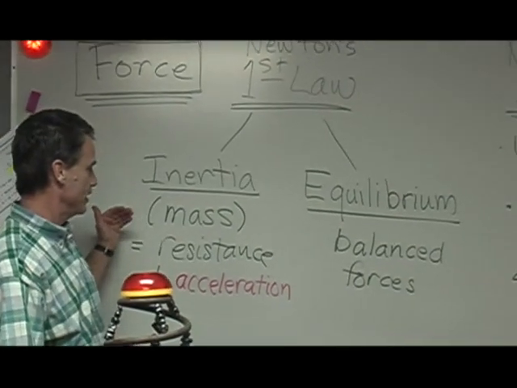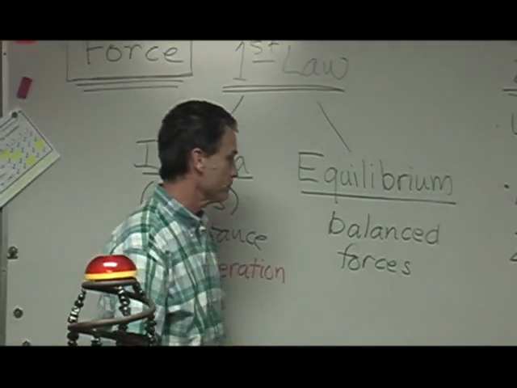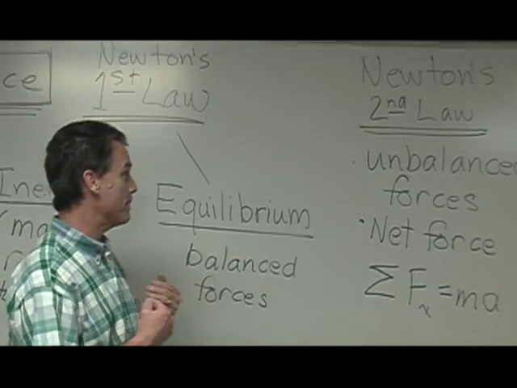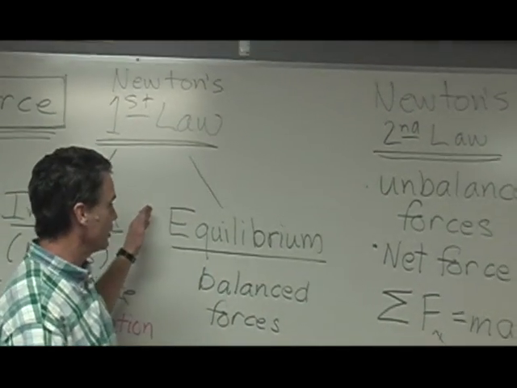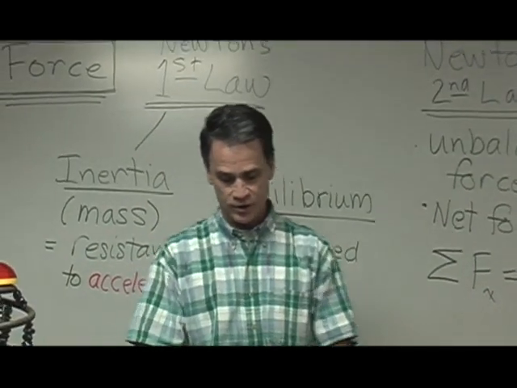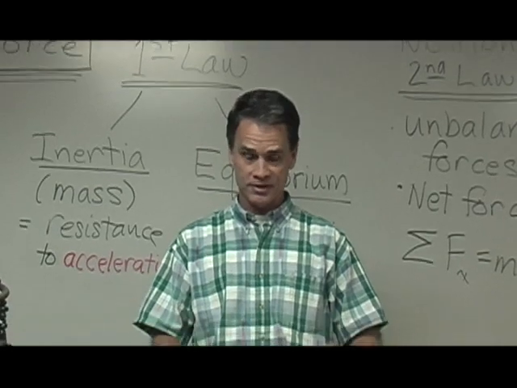And that is what it takes to cause acceleration of an object. It takes a force, a push or a pull, to make a mass accelerate. We saw that in equilibrium, the forces in one direction or another are balanced, that is, they're equal and opposite.